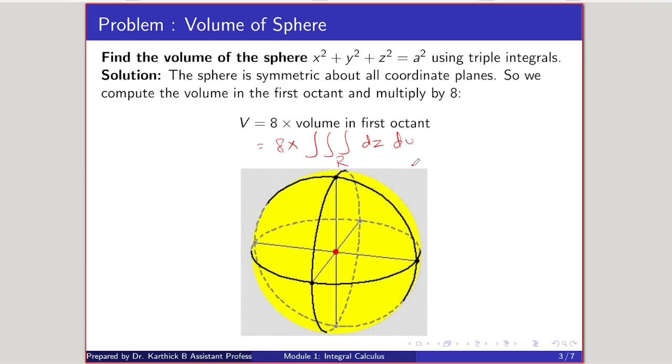dz, dy, dx. So if I choose x as the outer variable, the corresponding limits will be on the inner integral. So how do you find the limits of these three variables? They have given the equation. Simply, this is our first octant.